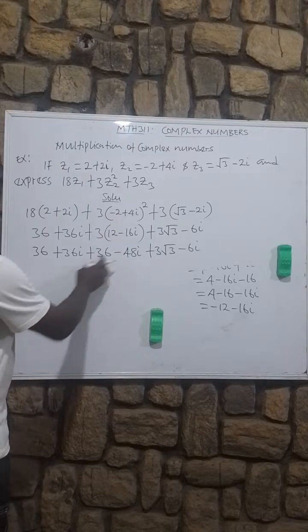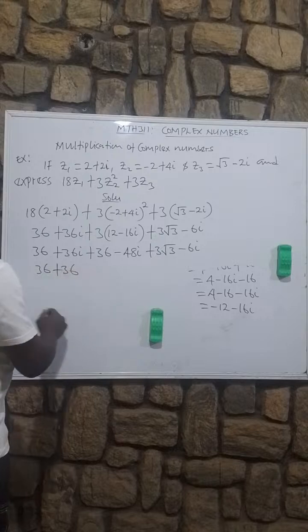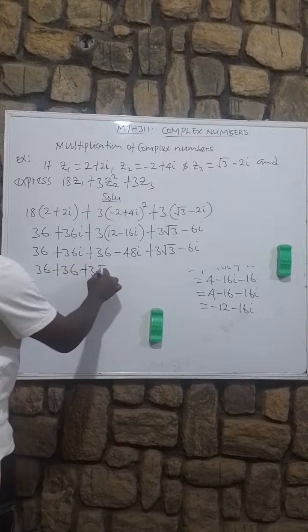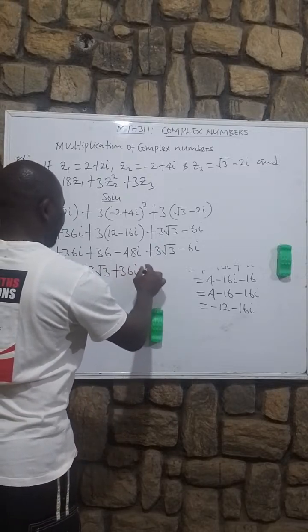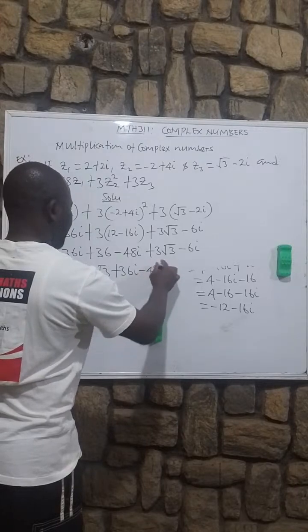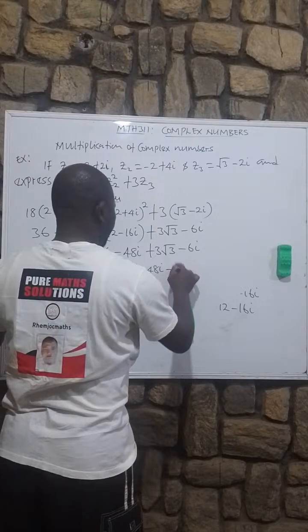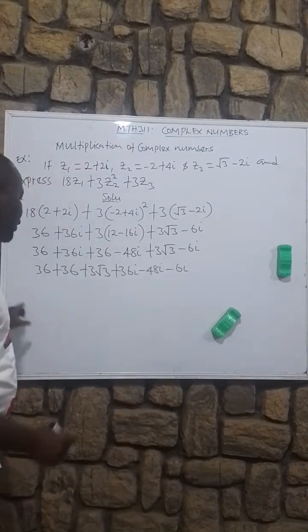We collect like terms. Here we have 36 plus 36, then plus 3 root 3, then plus 36i minus 48i, minus 6i. Is that clear? Okay.